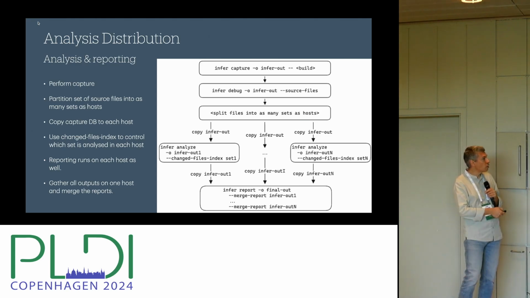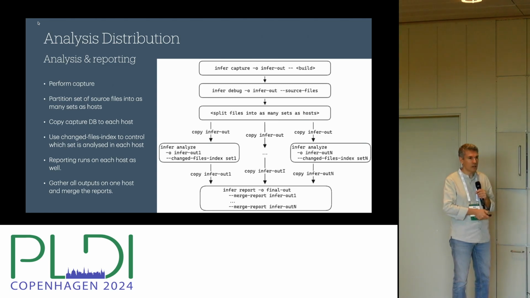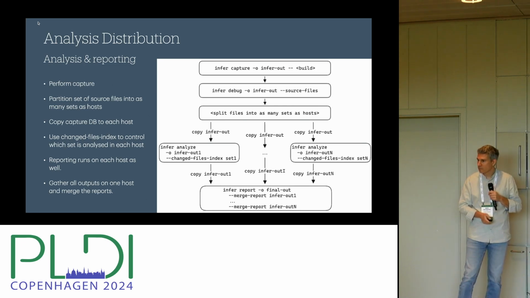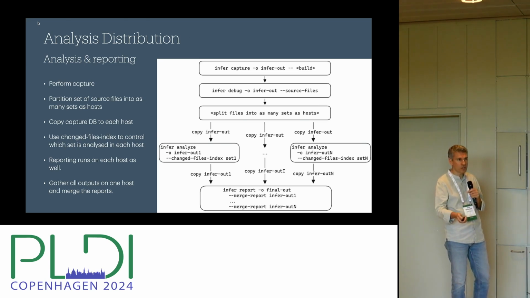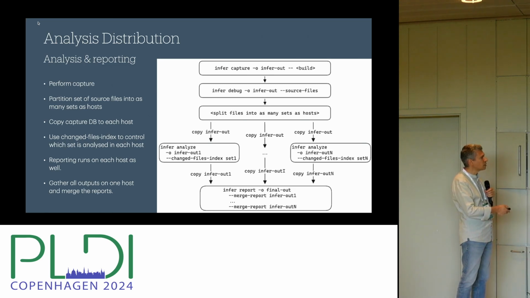And then copy the capture database that you got to all the different hosts that you have. And then in each host, pretend that you're actually not analyzing all the files, but just the set that you got from your partition. So you run n analyses, one for each set, separately, but starting with the same capture database.